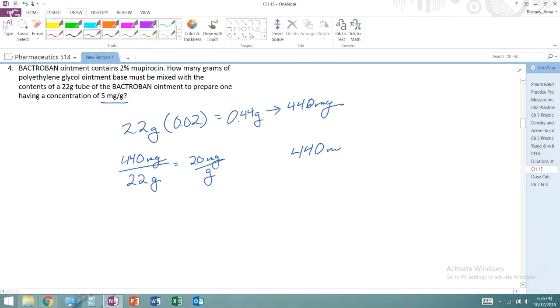So we already have the 1 part, which is the 22 grams, and then the other parts are going to have to be the same size, but we need 3 of them. So this is 66 grams of the ointment.